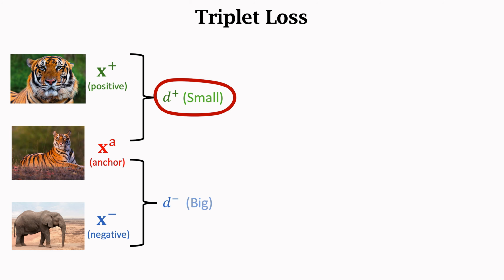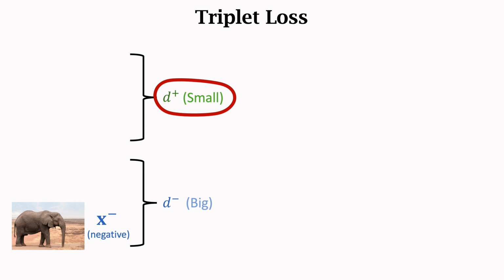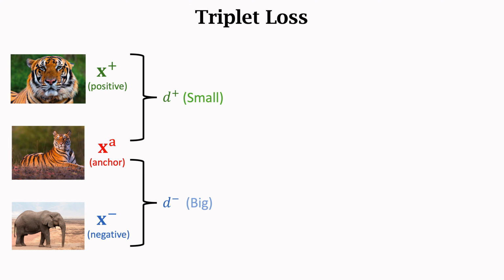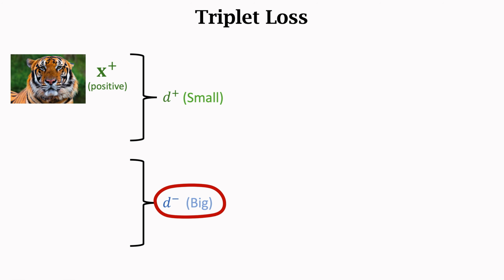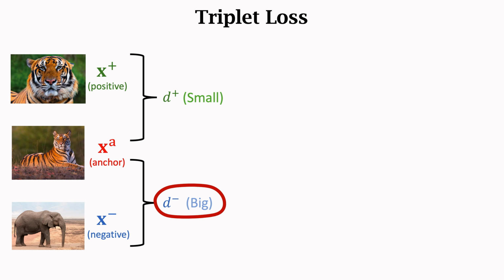Intuitively speaking, the feature vectors of two tigers should be close, so we should encourage d_positive to be small. d_negative is the squared L2 distance between the negative sample and the anchor in the feature space. We hope the feature vectors of different classes are far apart. The feature vector of an elephant should be far from tigers. We thereby encourage the distance d_negative to be big.